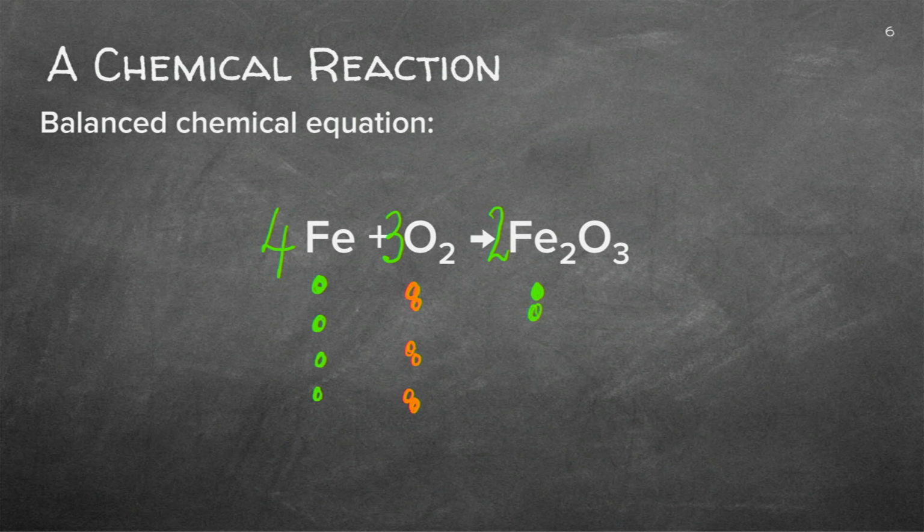It will be probably those 2 and another one with the 3 oxygens. Now this is not a perfect diagram, but it explains very well what's happening here. Can you see? I've got 1, 2, 3, 4, 5, 6, 3 and 3 is 6, and I've got 1, 2, 3, 4, 1, 2, 3, 4.